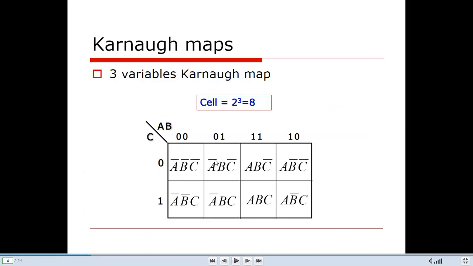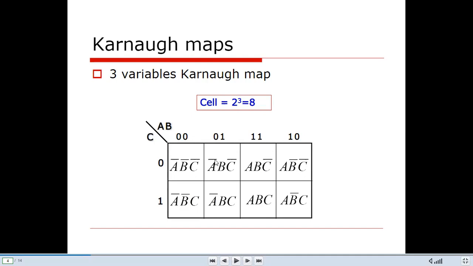A three variable K-map has 2 raised to 3, which means it has 8 cells. So it has three variables, A, B, C. The cells are 000, 001, 010, 011, and so on.